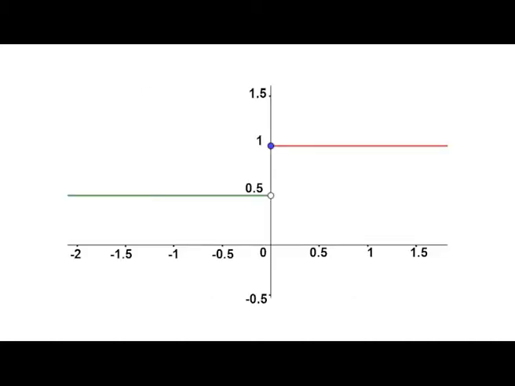From the figure, it can be seen that though k = 0.75 is a number such that f(-0.5) = 0.5 < 0.75 < 1 = f(0.5), there is no number c in [-0.5, 0.5] such that f(c) = 0.75.